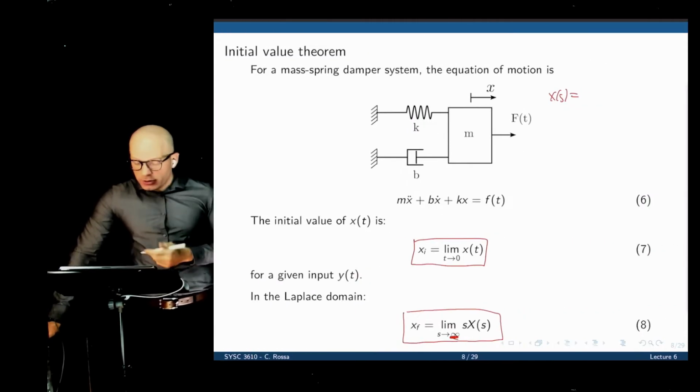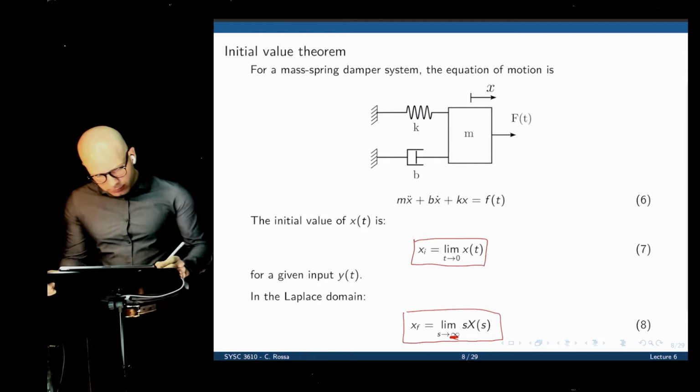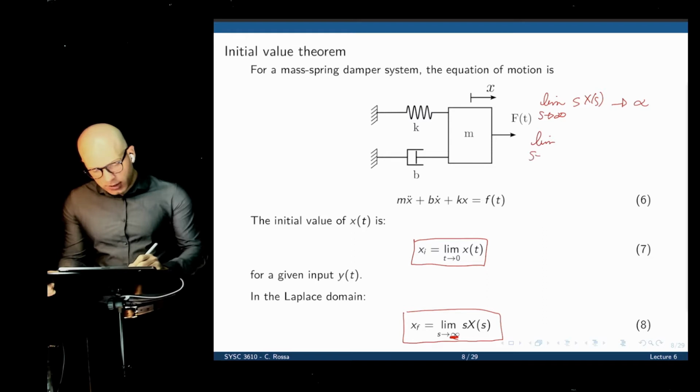So if our analysis is correct, then the limit when s tends to infinity of s times x of s should tend to alpha. And it turns out it does.